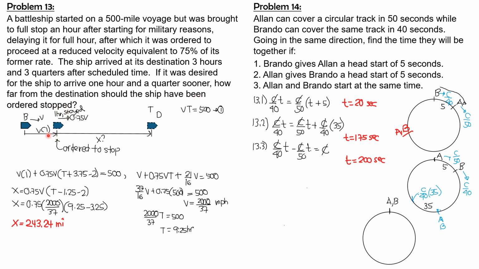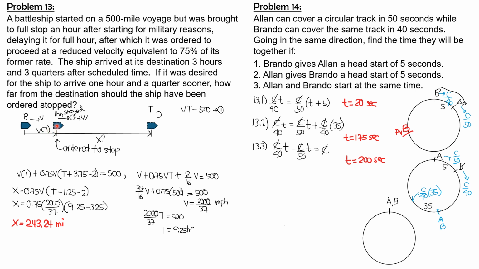So this is the situation. This is the battleship. It starts here. The total distance from this position to the destination is 500 miles. Initially, its speed is the normal speed v. Then after 1 hour, it was ordered to stop. So that means this distance is the normal speed of the battleship times 1 hour.